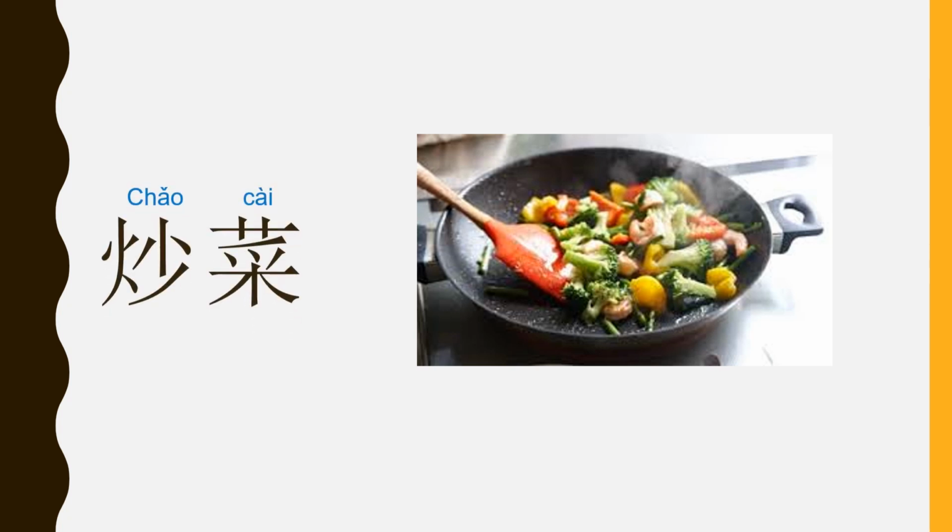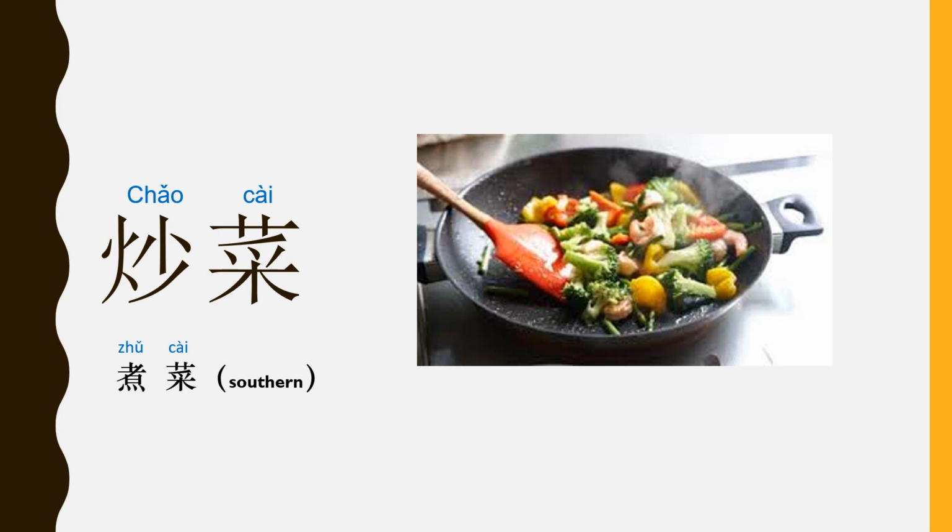So this verb is 炒, 炒菜, 炒菜. I believe the ch sound here in Chinese we call 吃, 吃. This sound is easy for you because it's similar in English, like chance, right? So this sound, I hope it's not too difficult for you.